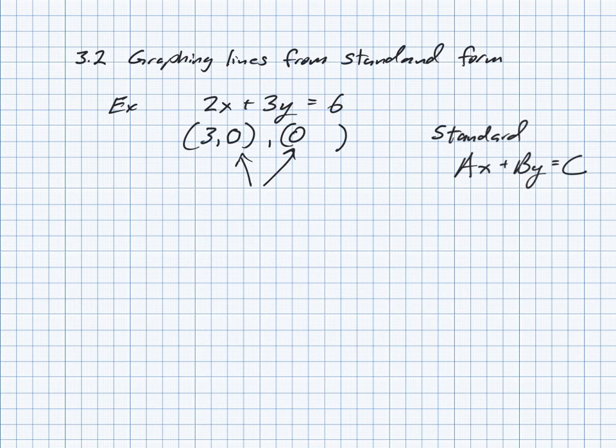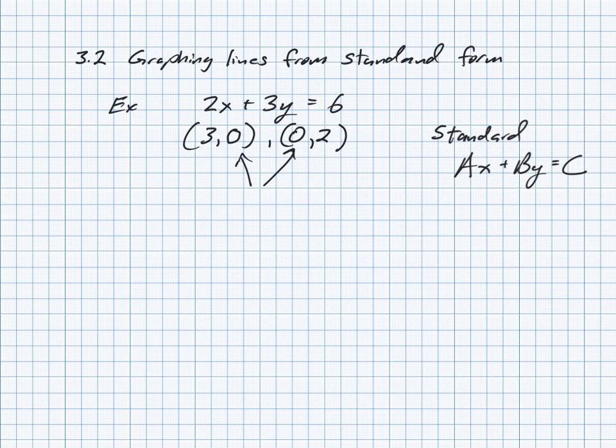Go to the next point, and it's asking me to make x equal to 0. When x is equal to 0, then we have the 2x being lost, and now I have 3y equals 6. 3y equals 6 means that y is going to be equal to 2.